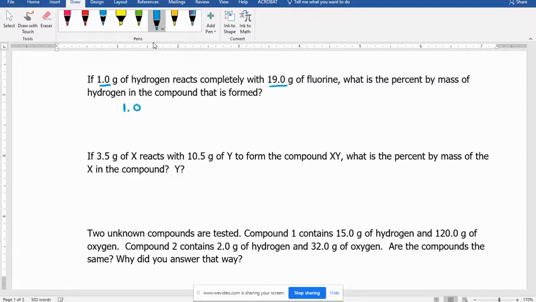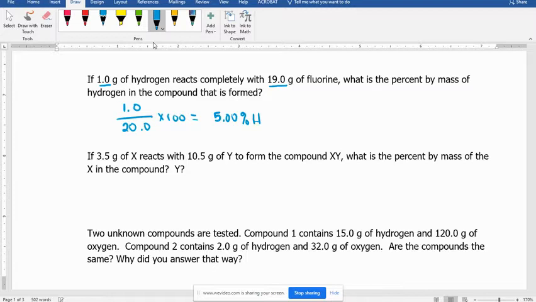We put 1.0, and then we're going to add the two parts together to get the whole. So that's 20.0 and times 100. And put that in your calculator. And you should end up with 5%. And that's going to be hydrogen.